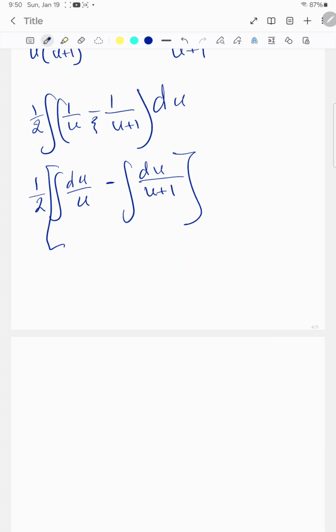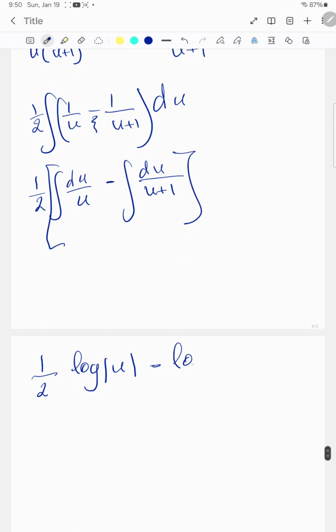The integral of 1 divided by u is log of u. So 1/2 log of the absolute value of u. We put absolute value before the logarithm because we cannot have a log of a negative number, minus log of (u plus 1), and all that plus c.